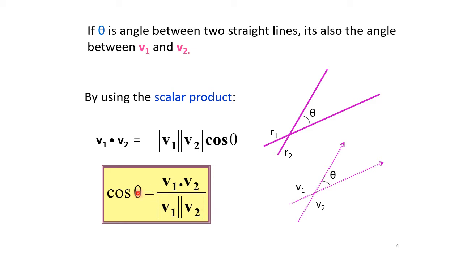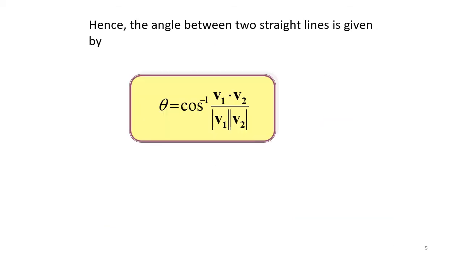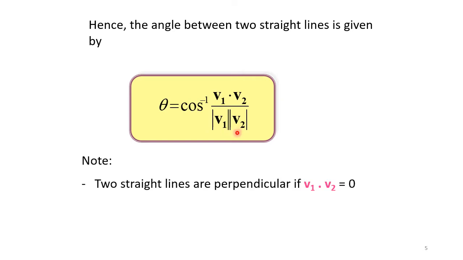To make it easier, you can straight away write theta equals inverse cos. Later in the examples, we'll use theta equals inverse cos of V1 dot V2 over magnitude V1, magnitude V2.